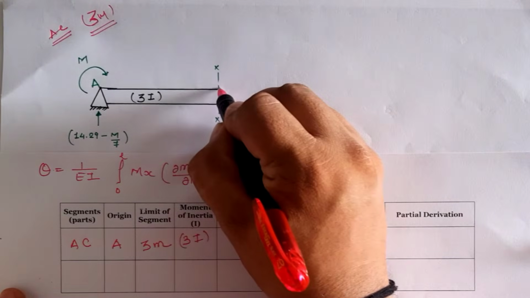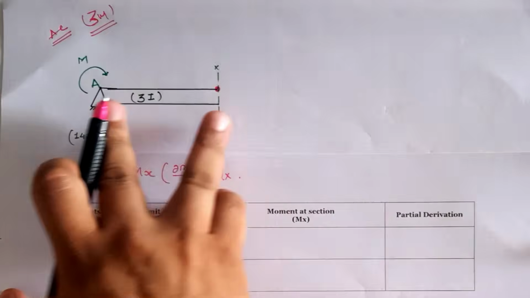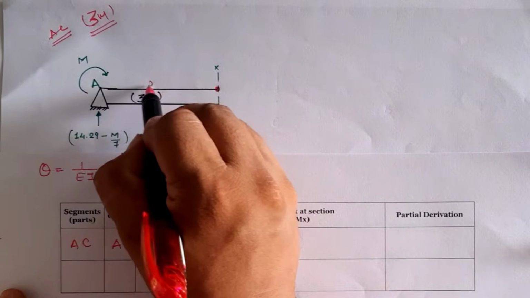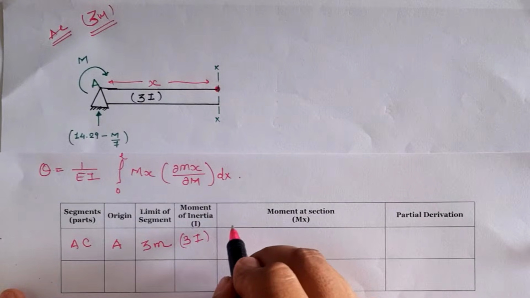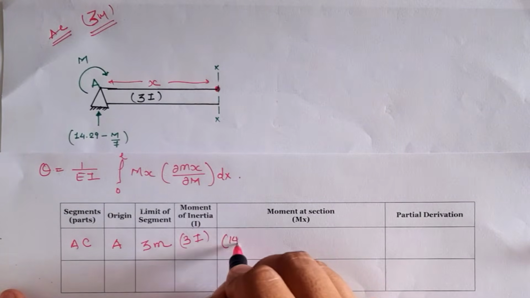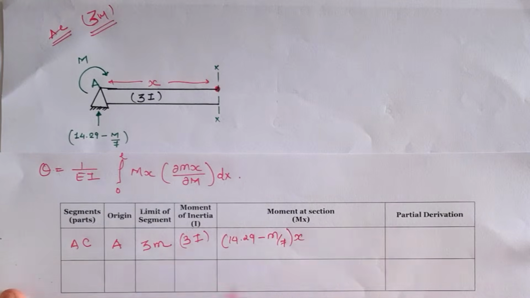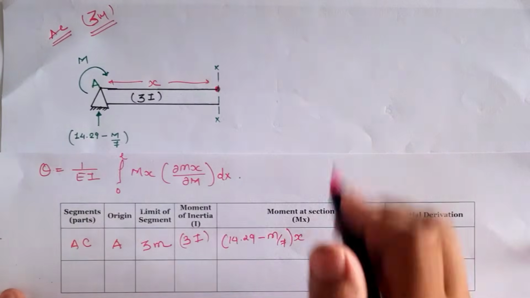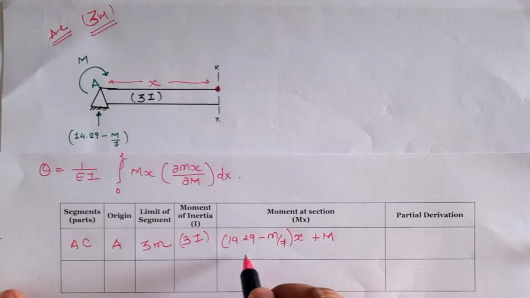Now the moment at this section is RA into X, as the origin distance is X. So the RA value is 14.29 minus M by 7, into X, and the clockwise moment is M, so plus M.